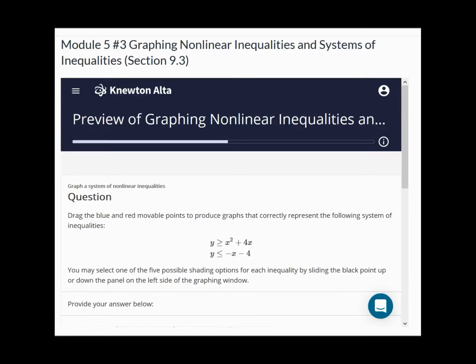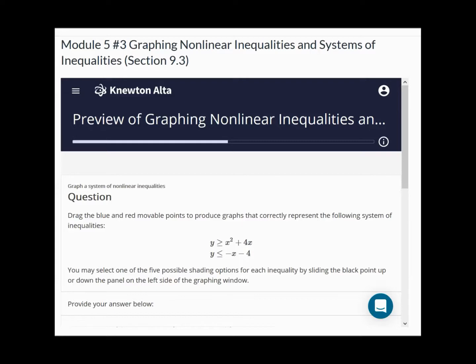Now, we have to find the vertex. The vertex of y equals x squared plus 4x is x equals negative b over 2a. So this is negative, my b is 4, over 2, and my a is 1. You with me? So negative 4 divided by positive 2 is negative 2. The x value of my vertex for the first equation is negative 2.